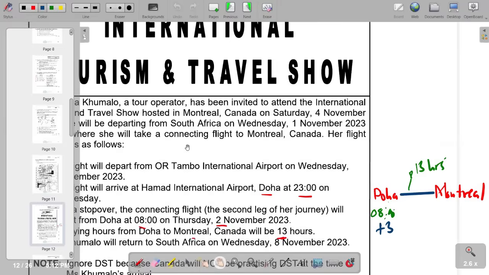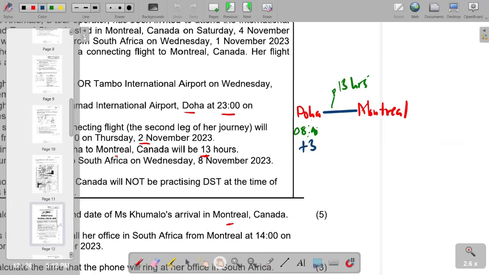So Montreal is -5. So basically, in that case, we are going to say 3 minus -5, and it's going to be 3 plus 5. So we have got 8 hours difference in terms of their time zones.